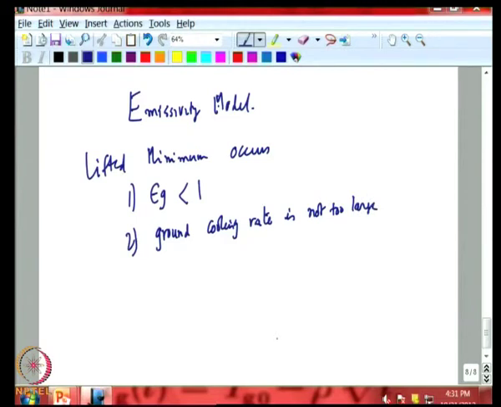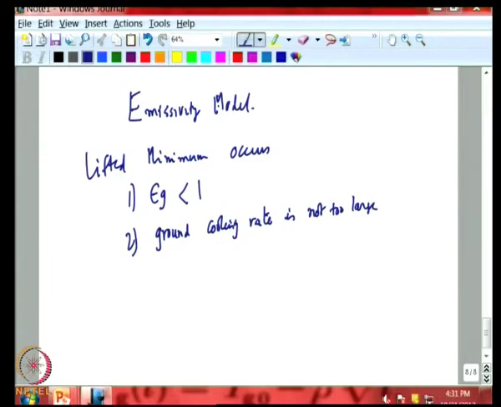Which means that if the ground cooling rate is large, the minimum temperature will be at the ground, but if the ground is cooling slowly, then it is possible for the atmosphere to cool more rapidly than the ground and to reach a temperature which is lower than the ground. That is the requirement.